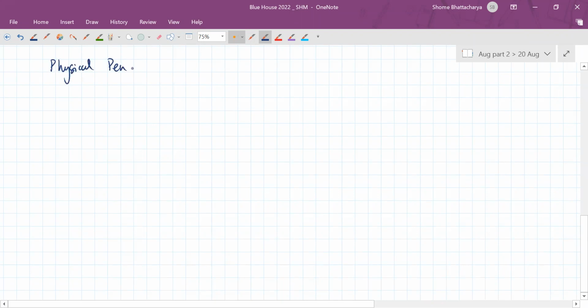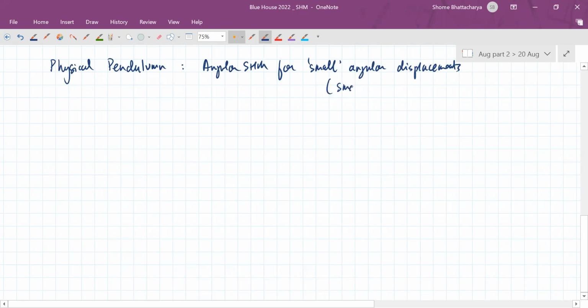Physical pendulum, angular harmonic motion for small angular displacements, or in short, small oscillations.